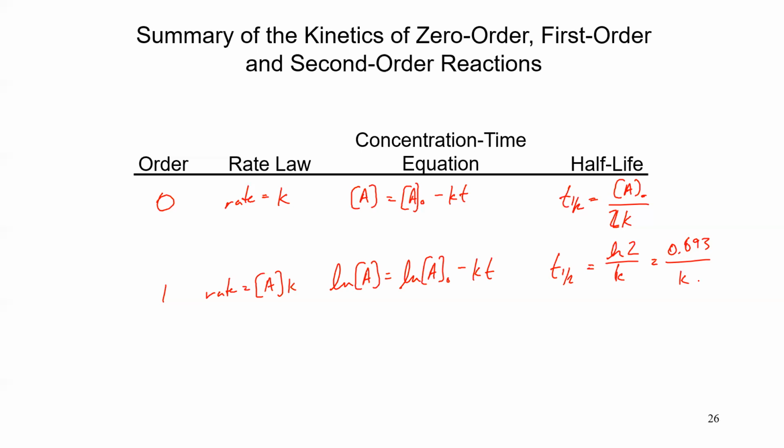So 0 order, we have no natural log, it's just the concentrations. 1st order, we add in that natural log. And then 2nd order, if you remember, we do 1 over it. So the rate is equal to the concentration squared times k. We end up with 1 over A equals 1 over A naught, and now instead of minus kt, we end up with plus kt.